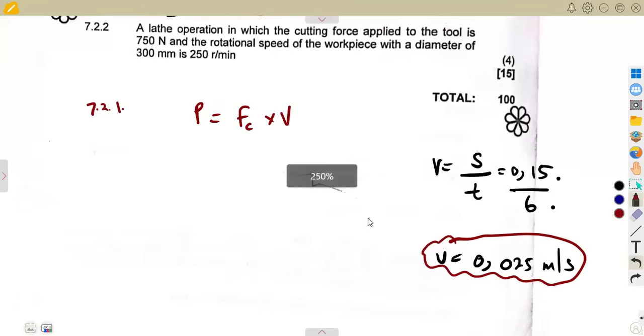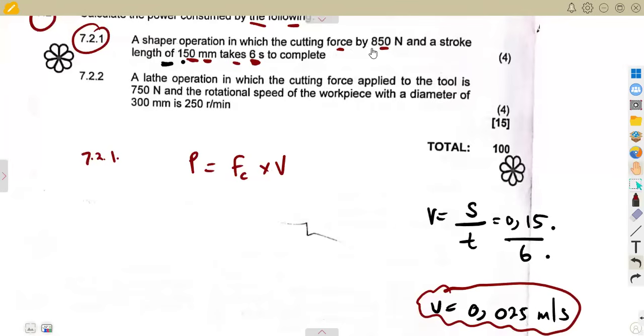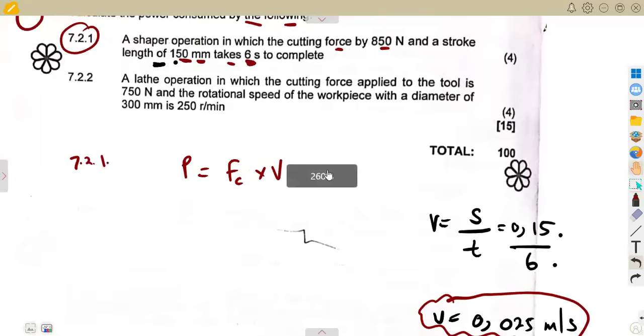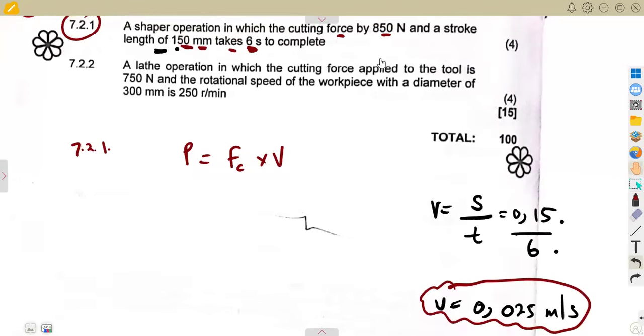With the velocity that we have, now we can calculate the power because we have got the cutting force. It's just like the previous case where we had the power from the frictional force. Now there's a cutting force, it's a different force. As long as it is the force that we are using there, we can calculate the power.